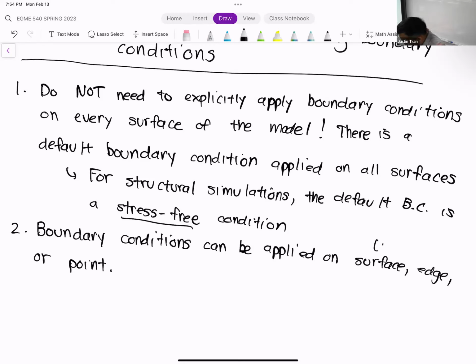So a surface, of course, is 2D, an edge is 1D, and a point is 0D, I guess.